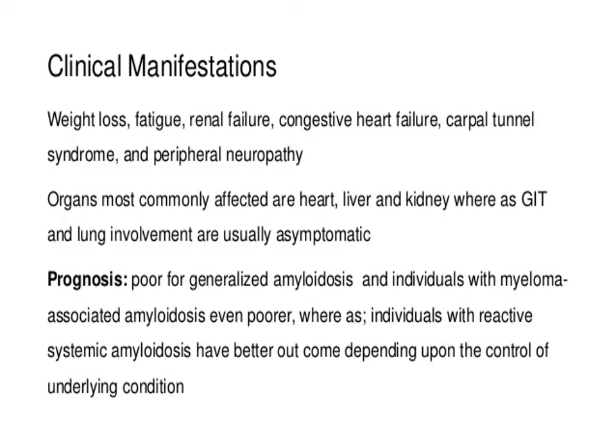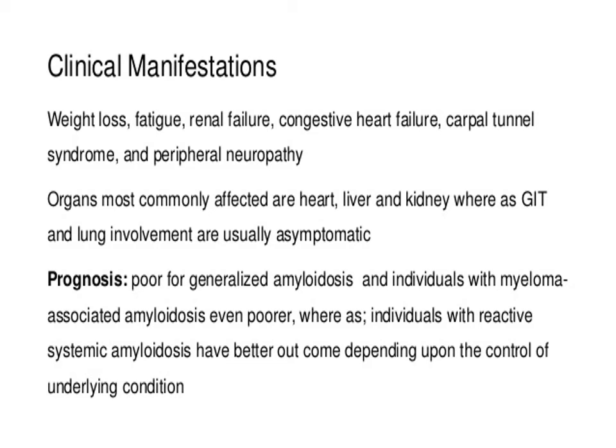Clinically, the patient presents with features of weight loss, fatigue, renal failure, congestive heart failure, carpal tunnel syndrome, and peripheral neuropathy. Organs that are most commonly affected are heart, liver, and kidneys, whereas GIT and lung involvement are usually asymptomatic.